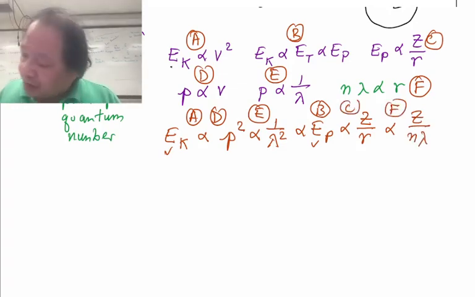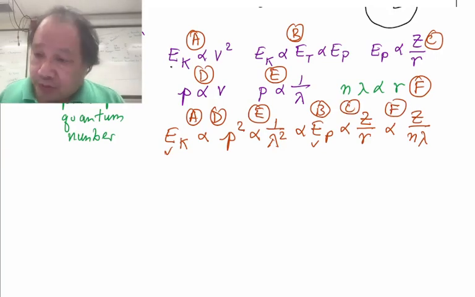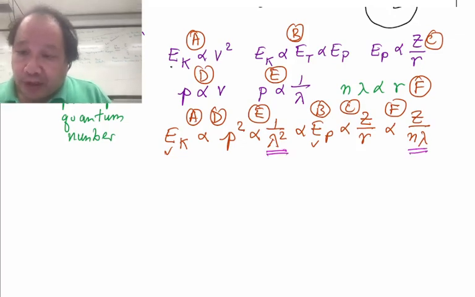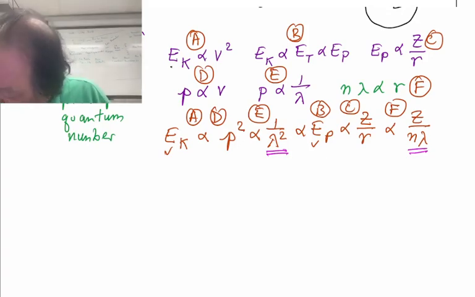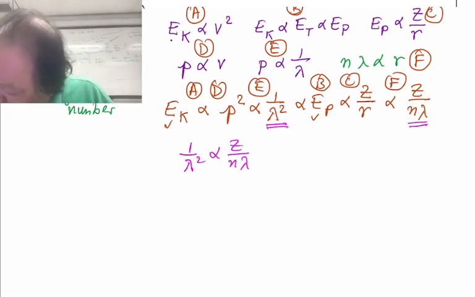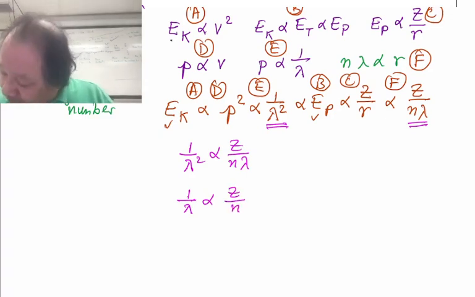And now we've used all 6 relationships, and we can start doing some algebra. We'll use that 1 over lambda squared is proportional to z over n over lambda. We can cancel a lambda on both sides. 1 over lambda is proportional to z over n. We can now flip it.